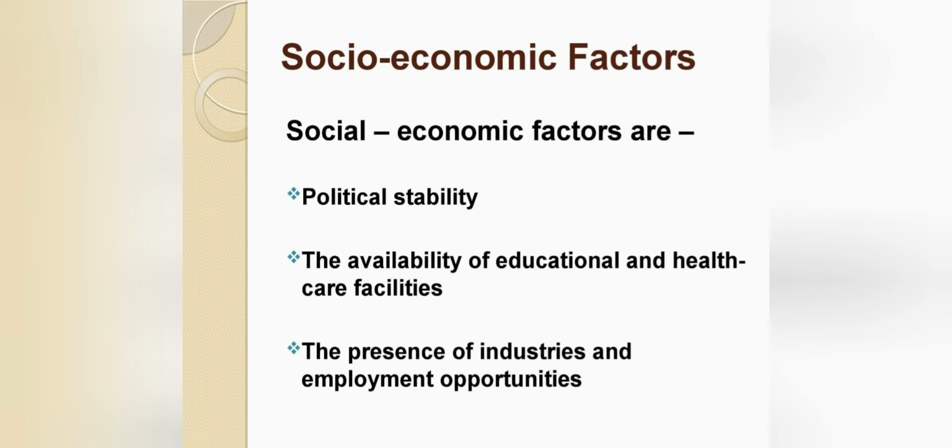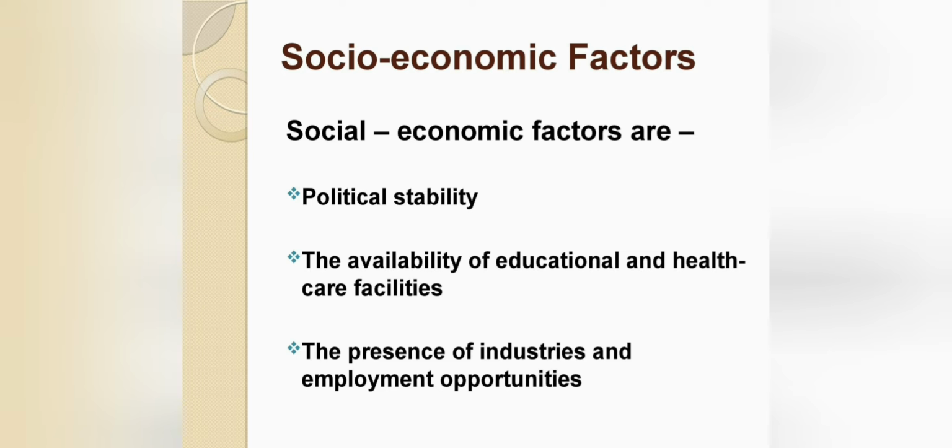Another thing is the presence of industries and employment opportunity. In the present time, the time of COVID-19 or the pandemic, we have seen thousands of migrants who want to go back to their own places. They came to the big cities for job opportunities, for employment, but now in the present situation they don't have any employment, so they want to go back to their original places.